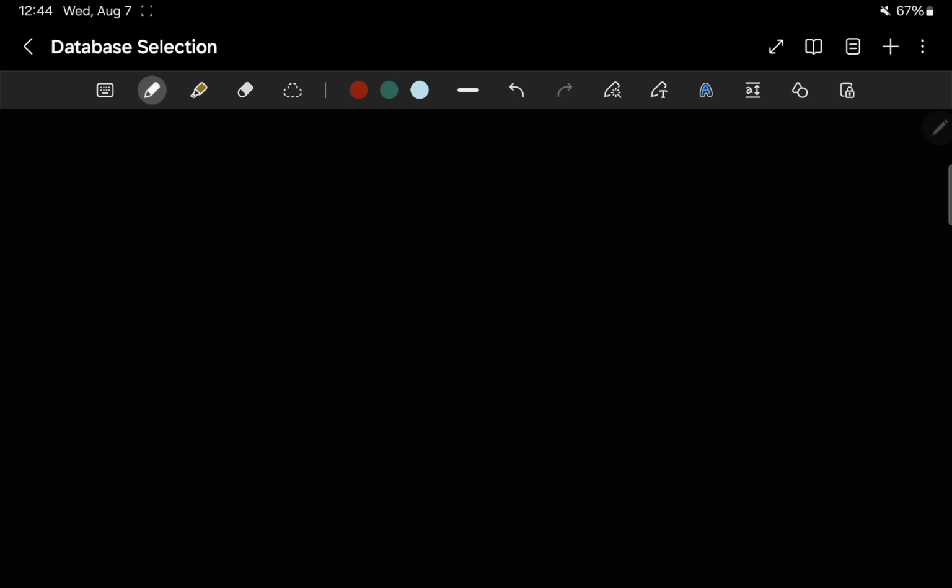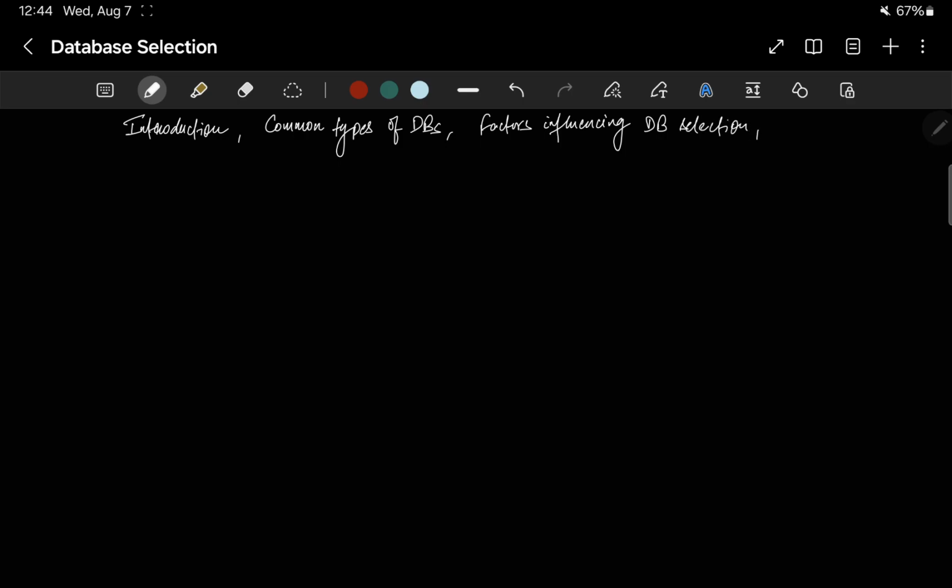Okay, so let's start with the structure that we are going to follow today. First we will start with the introduction, like why do we need to talk about database selection. Next we will see what are the common types of databases. Next, we will see what are the factors which influence database selection.